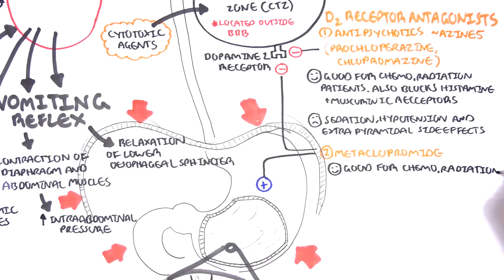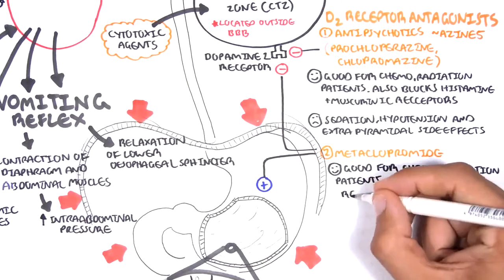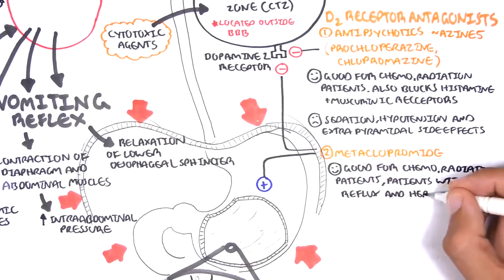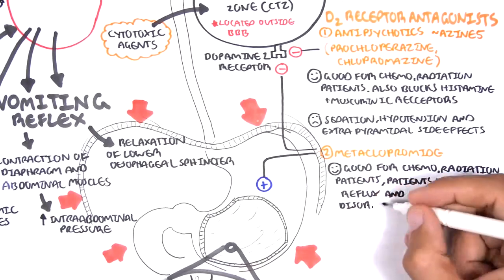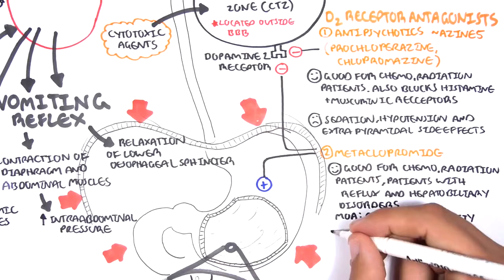So metoclopramide is good for chemotherapy and radiation patients who have nausea and vomiting, as well as patients with reflux and hepatobiliary disorders. As for the mechanism of action, not only does it work as a dopamine 2 receptor antagonist, but it also works in the gut, increasing gut motility.